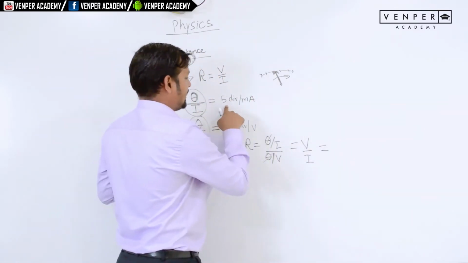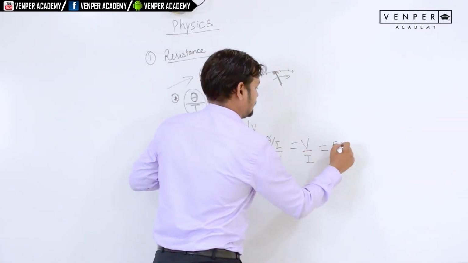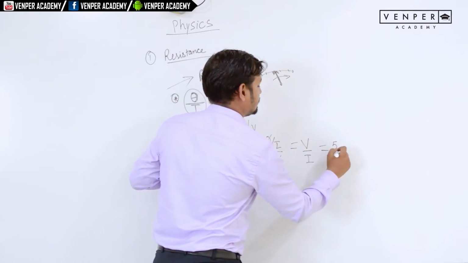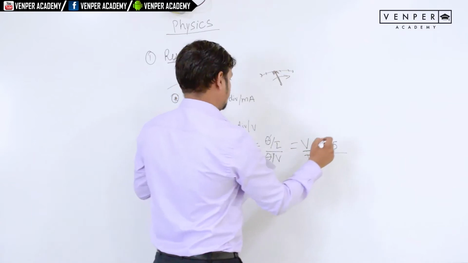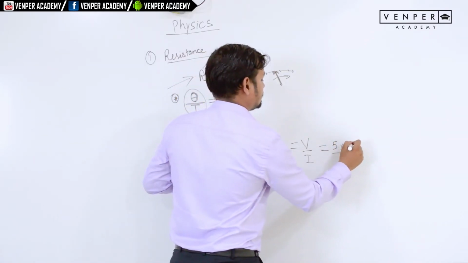It is given as 5 division per milliampere, so you can write this one as 5 into 10 raised to power 3.